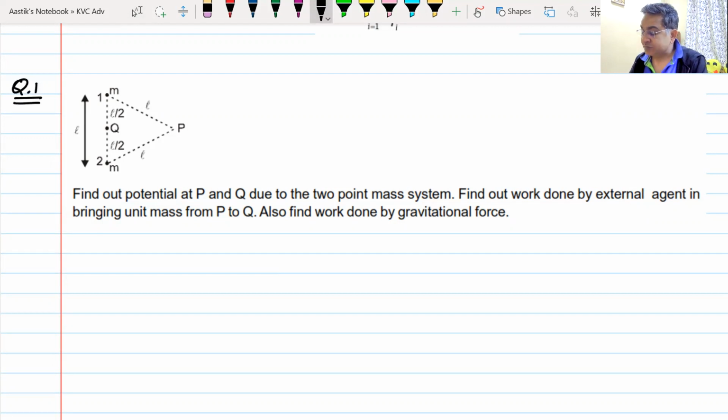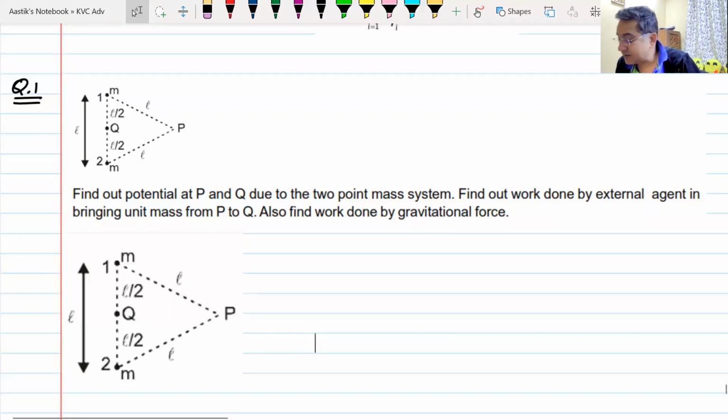Question number one: 2 point masses separated by distance L. Then there is a point Q midway between them, and there is a point P, an equilateral triangle, so the distance is given as L. Can you understand the diagram? This is the bigger version of the diagram if you don't understand this.